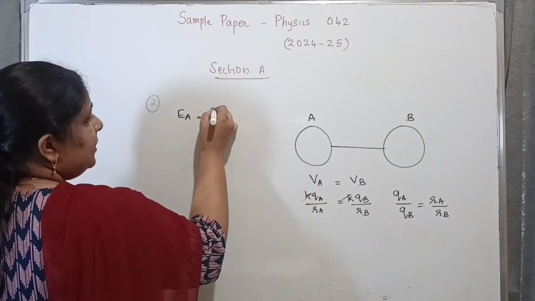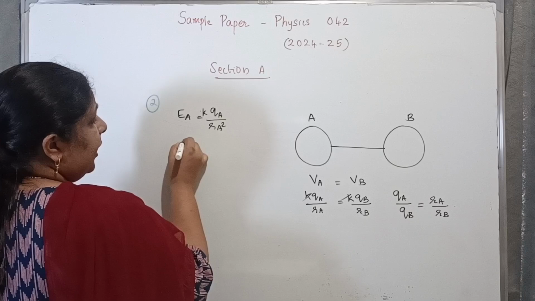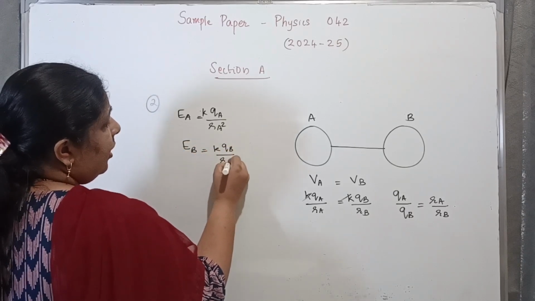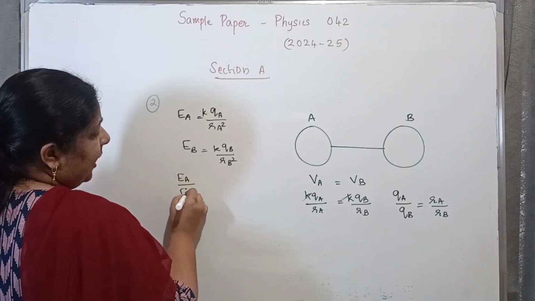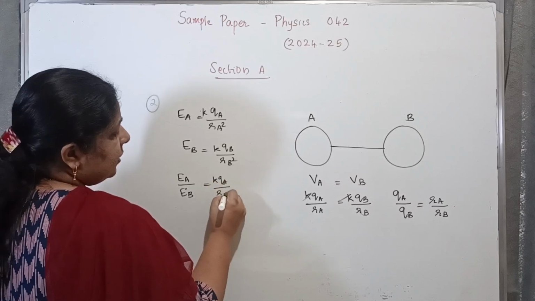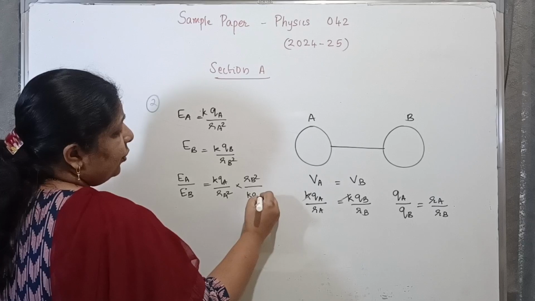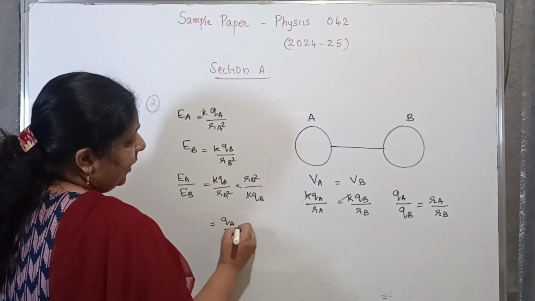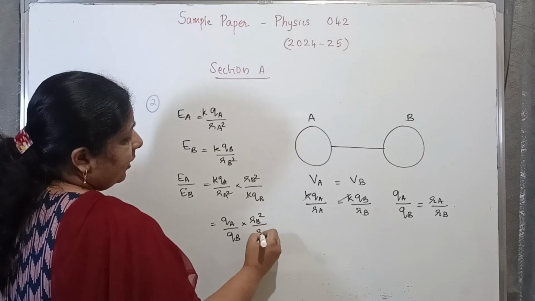So electric field at A is KQA by RA square, and electric field at B is KQB by RB square. Taking the ratio, EA by EB is KQA by RA square into RB square by KQB, which is QA by QB into RB square by RA square.